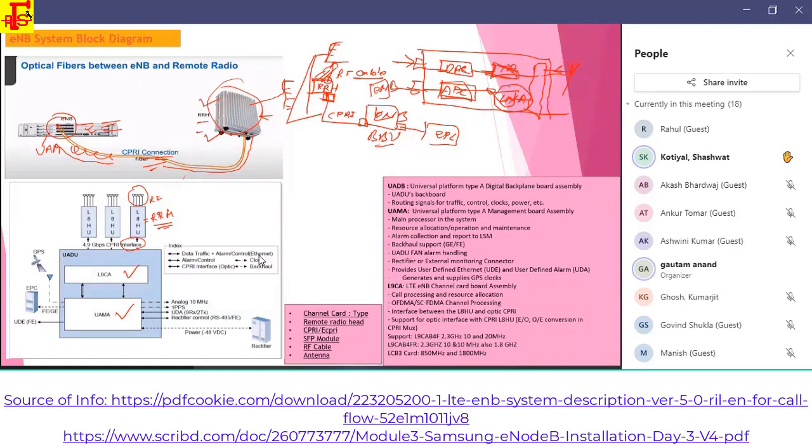Yes, if your RF is capable of baseband processing, then this DAC and ADC can come in the RRH. The OFDM part happens in the baseband processing block, because when they do OFDM, they do IFFT and FFT operations, time to frequency and frequency to time conversion.